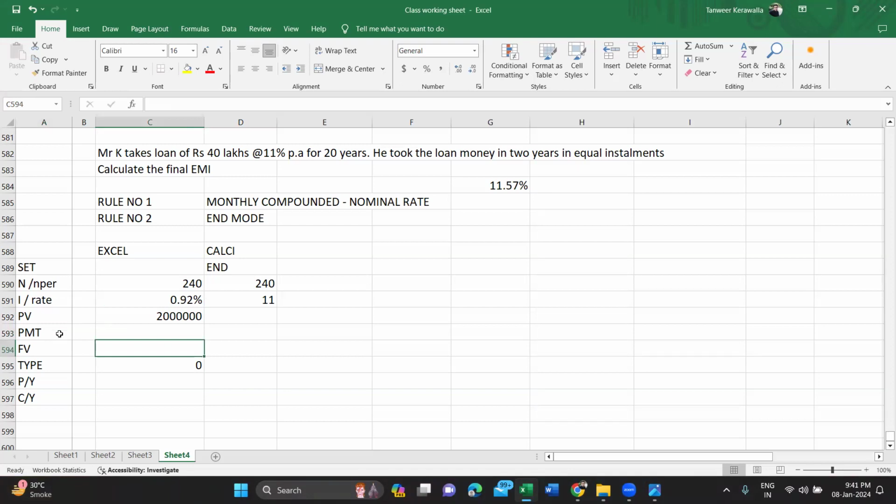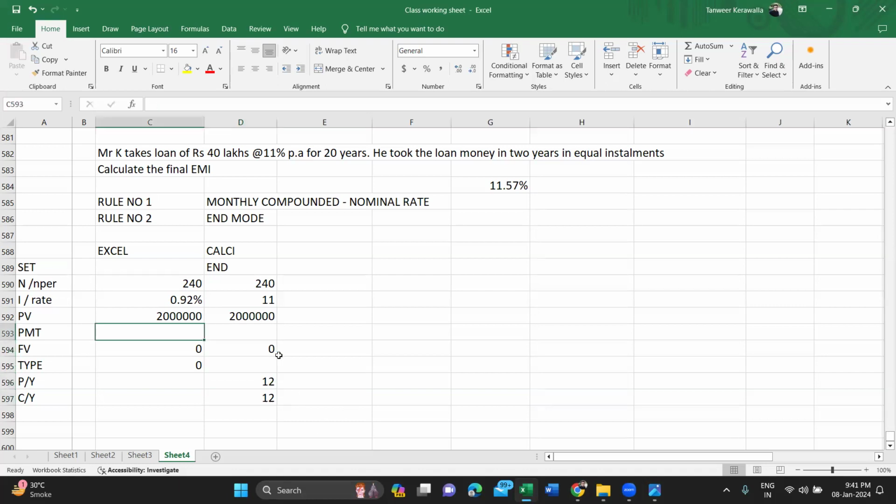Because at the end of 20 years, nothing is left of the loan, so future value should be zero. Here also future value should be zero and 20 lakhs is the present value. The only difference here is in P/Y and C/Y. What will we do? Monthly compounding by default, and monthly payment also, because EMI is always monthly. So 12 and 12.